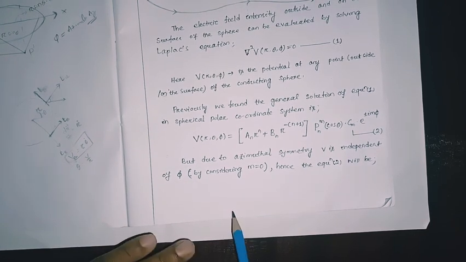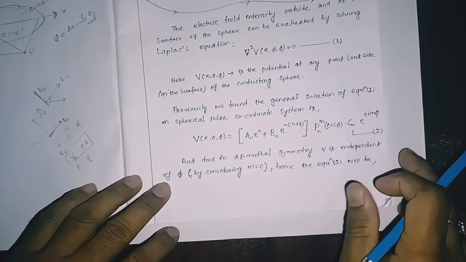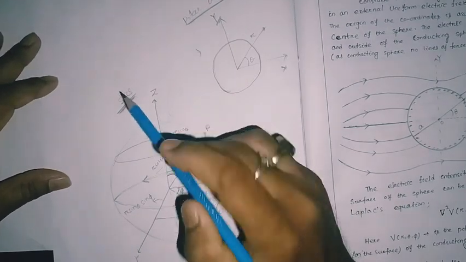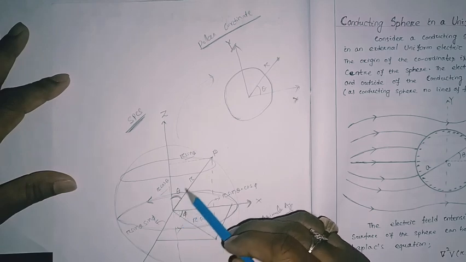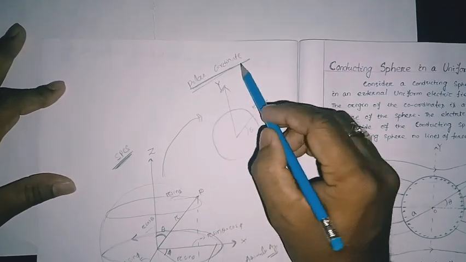Now you can see that if we remove this phi, then our spherical polar coordinate system has only two coordinates, that is r and theta. Only r and theta. So it is transformed to polar coordinates.